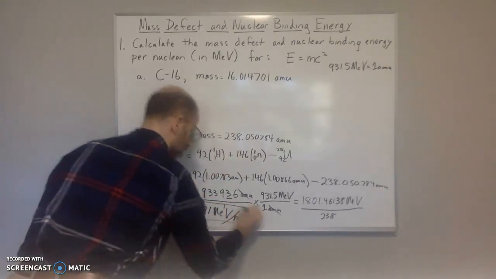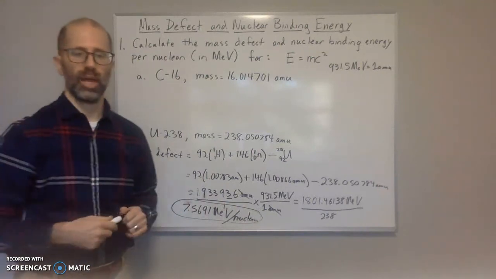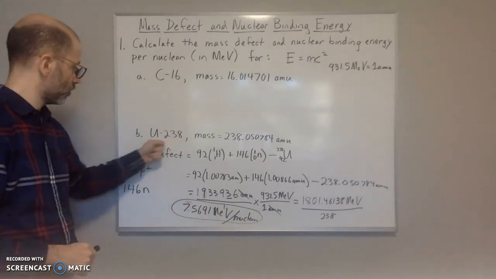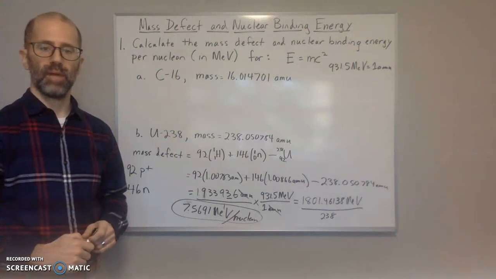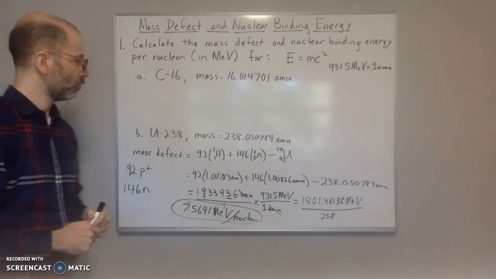So that would be the binding energy per nucleon for this uranium isotope. Hope this was helpful.